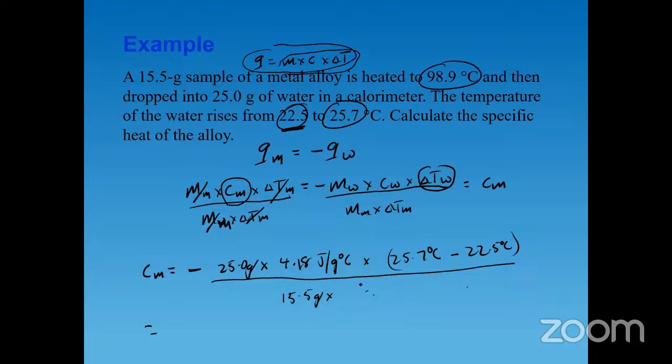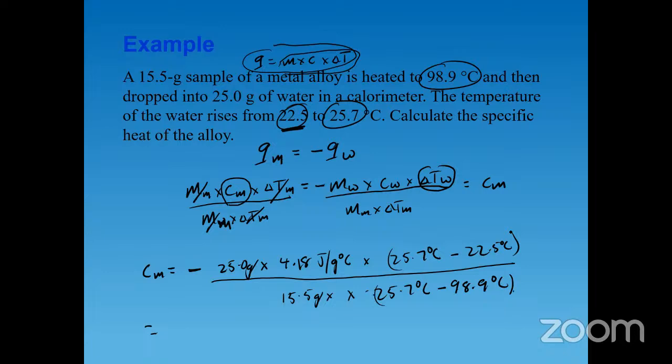And then down here would be the change in temperature of the metal, which would be the 25.7 degrees Celsius minus the 98.9 degrees Celsius. I don't know what I was thinking. Okay, so now everything is correct in terms of the setup.